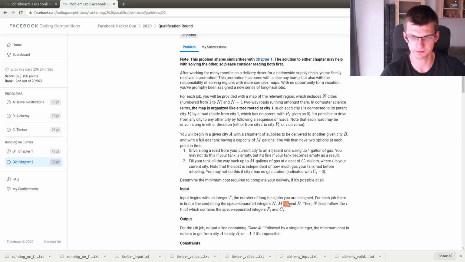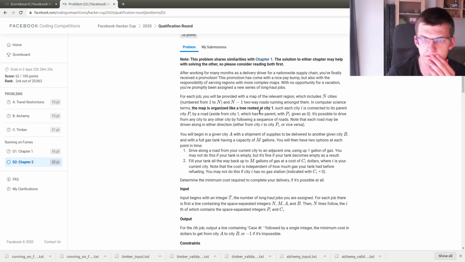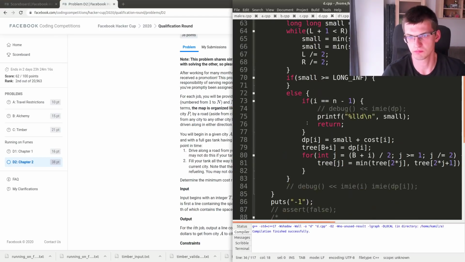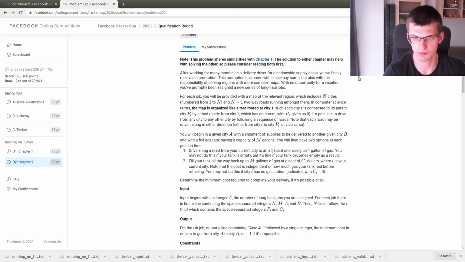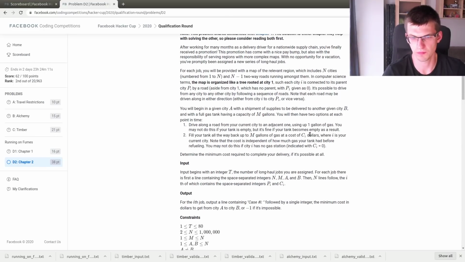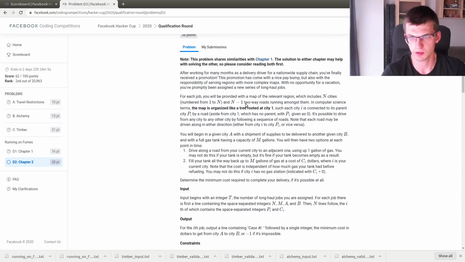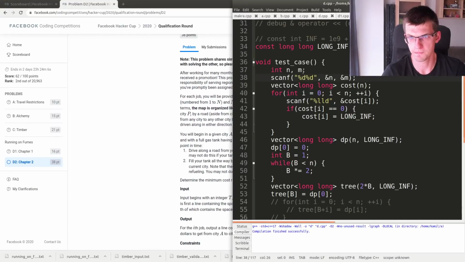I will compute the cost from the starting city to every other city. This is parent. Rooted at city 1. Okay. And let's call this fuel range, not to confuse with the number of edges.